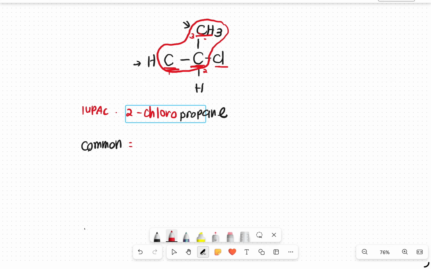Because the second last carbon has an alkyl group attached. So 1, 2, 3. So here the total number of carbon is 3, so the name is isopropyl. If this Cl is attached, then chloride. Isopropyl chloride.